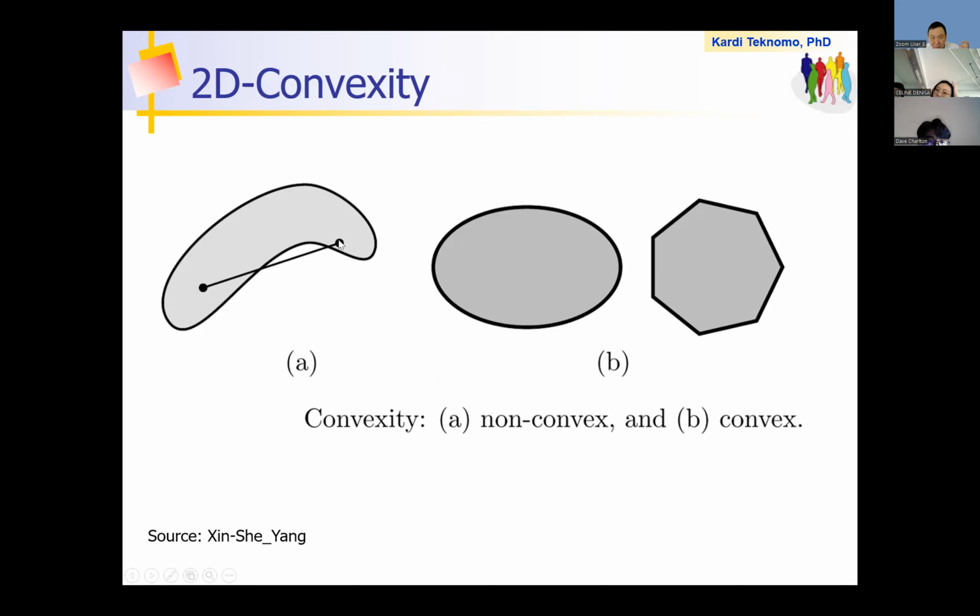This is non-convex. Why? Because these 2 points can be connected by a line, but the line will pass outside of this boundary. So convex means any 2 points here will always be inside this boundary. Is it clear?